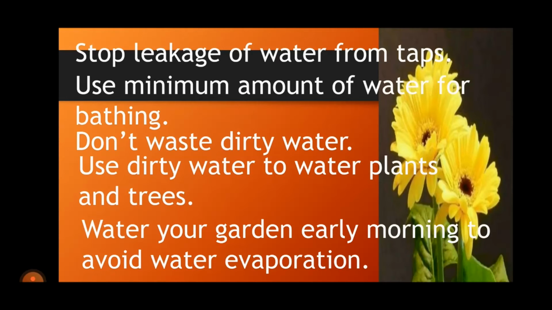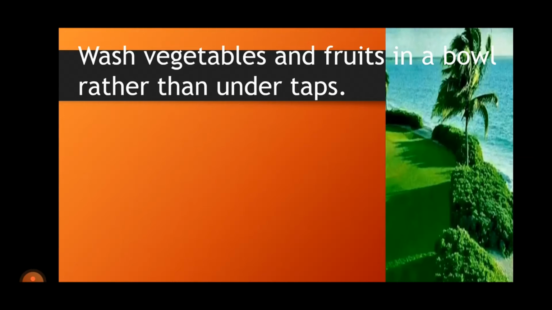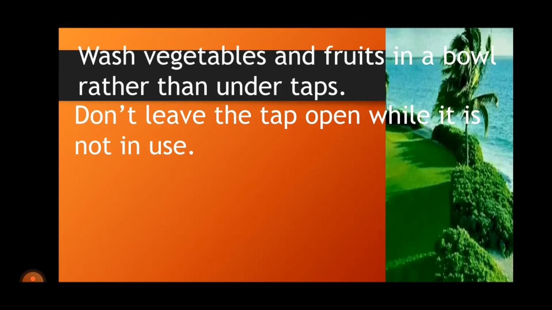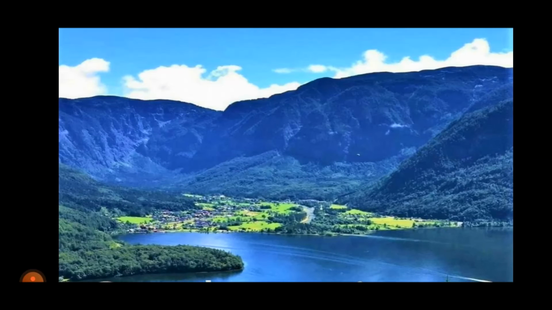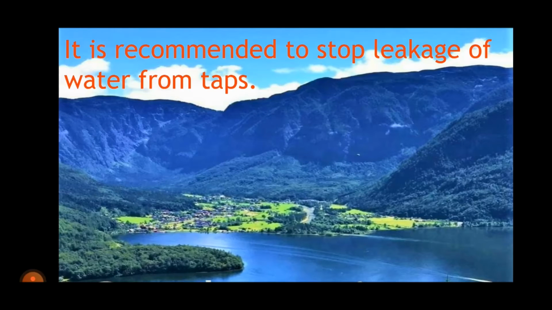Water your garden early morning to avoid water evaporation. Wash vegetables and fruits in a bowl rather than in the taps. Don't leave the tap open when it is not in use. Don't waste water. Implement rainwater harvesting. Now again, you write in the same format as we wrote for the previous two questions.